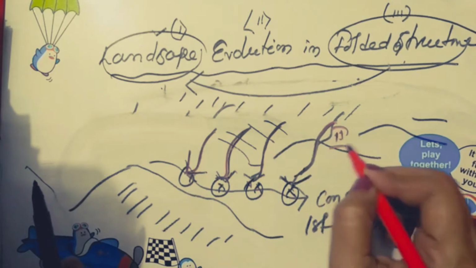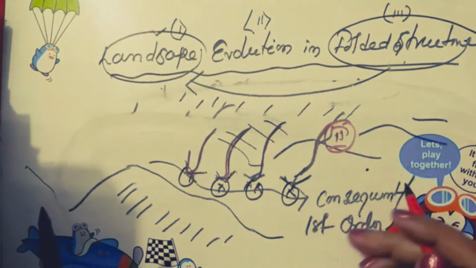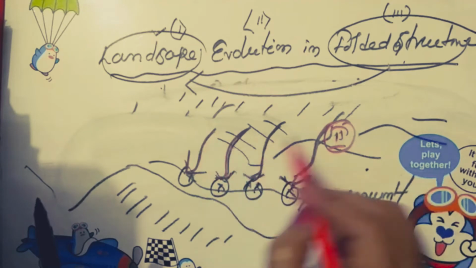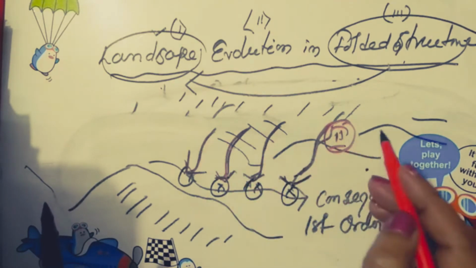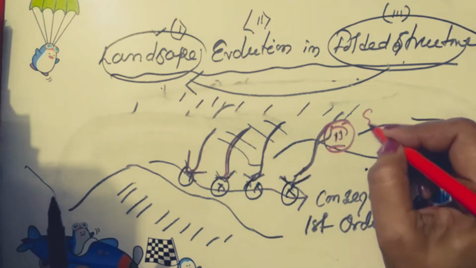This is the second order stream, because after the consequent stream this river order, this surface runoff system originated. This is called second order stream or subsequent stream.